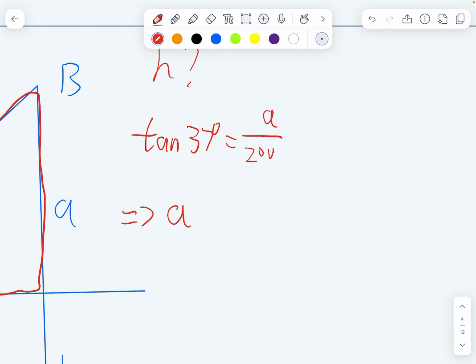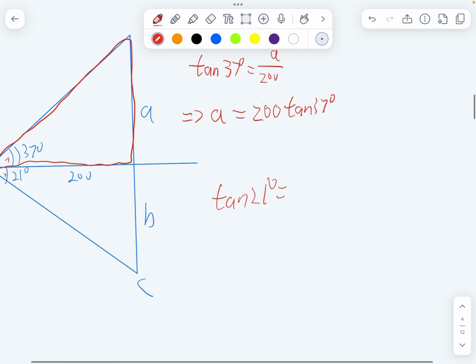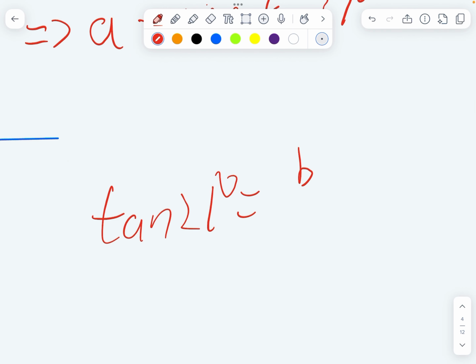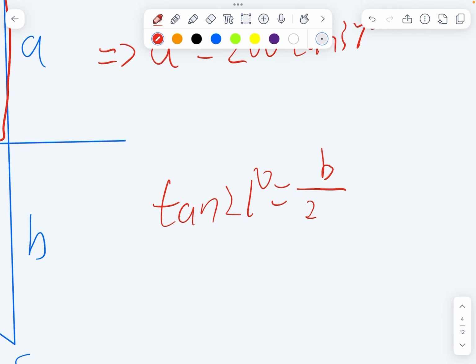Now set A equal to this. For the second one, we use the 21 degree angle. We can express it as B over 200.